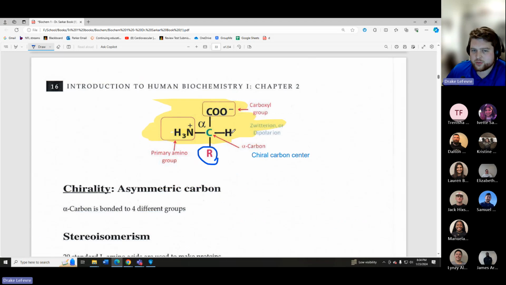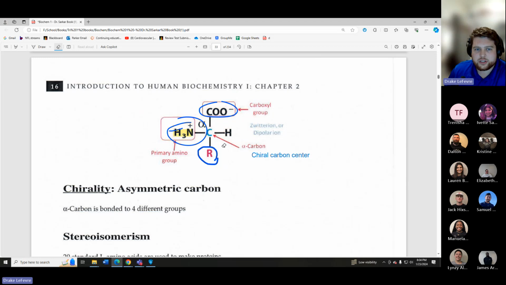Just like the functional groups have certain properties, all of our amino acids have different properties. Their properties are due to this. So in all amino acids, these 3 things are all the same. What's different is their R group.